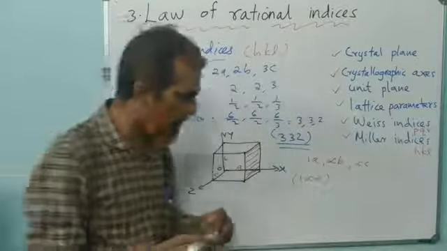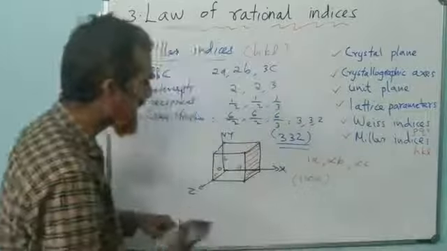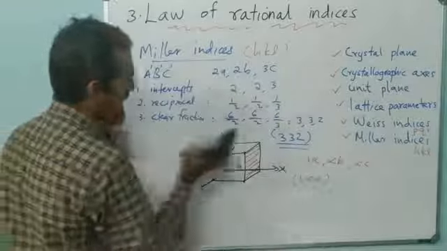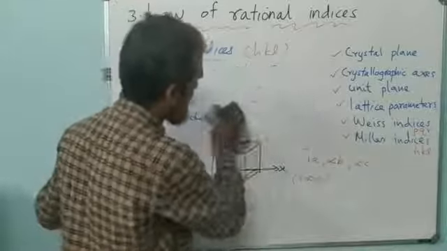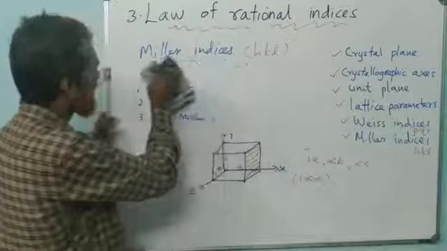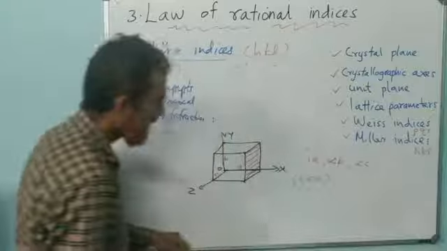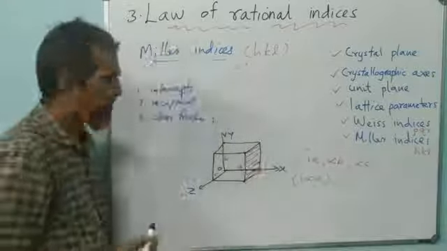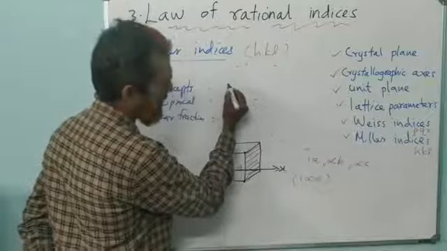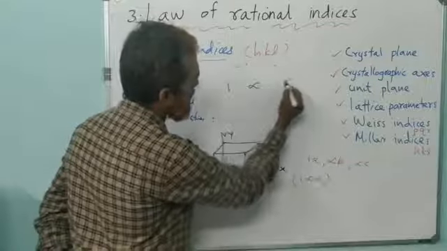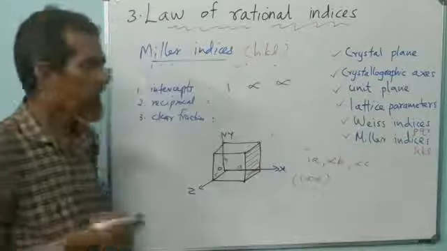So you may wonder why we need the Miller index. To understand that, let us consider the second example, which is the one we did earlier. Here I told you this plane has intercepts 1, infinity, infinity, which is undefined. So what do we do?